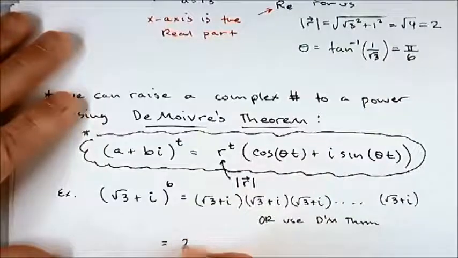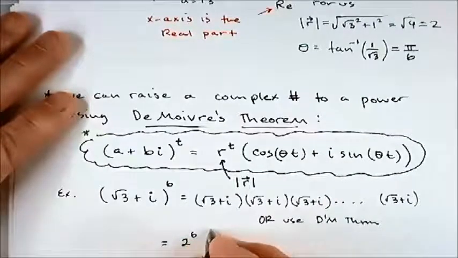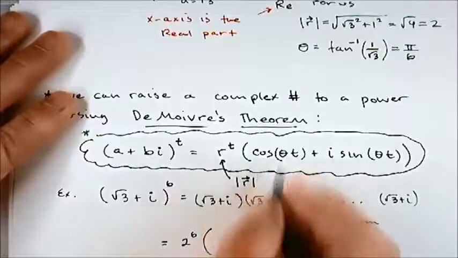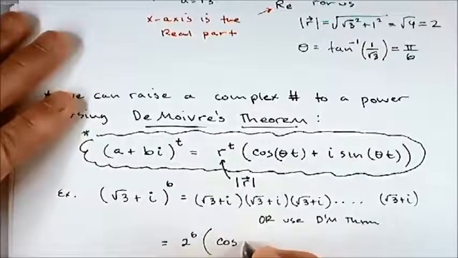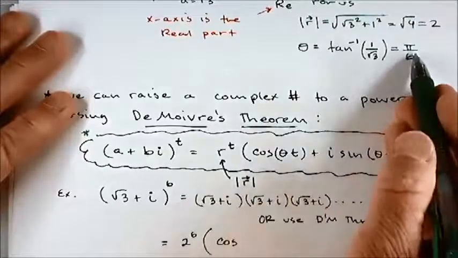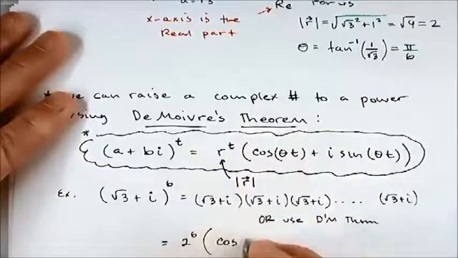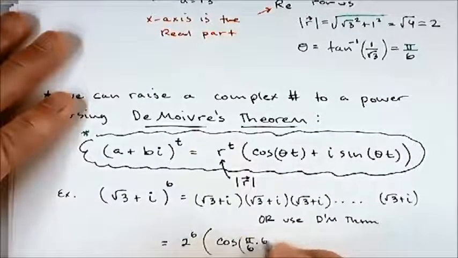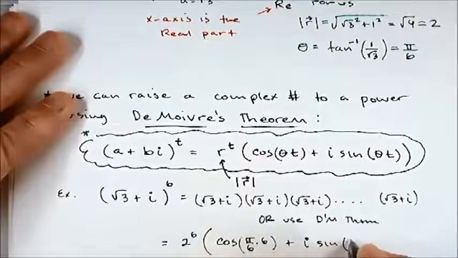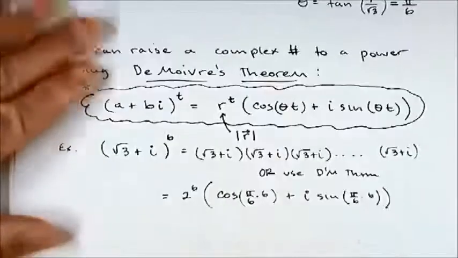So it's going to be 2 to the 6th times the cosine of theta, and theta we found was pi over 6, times t, which is also 6, plus i times the sine of pi over 6 times 6.